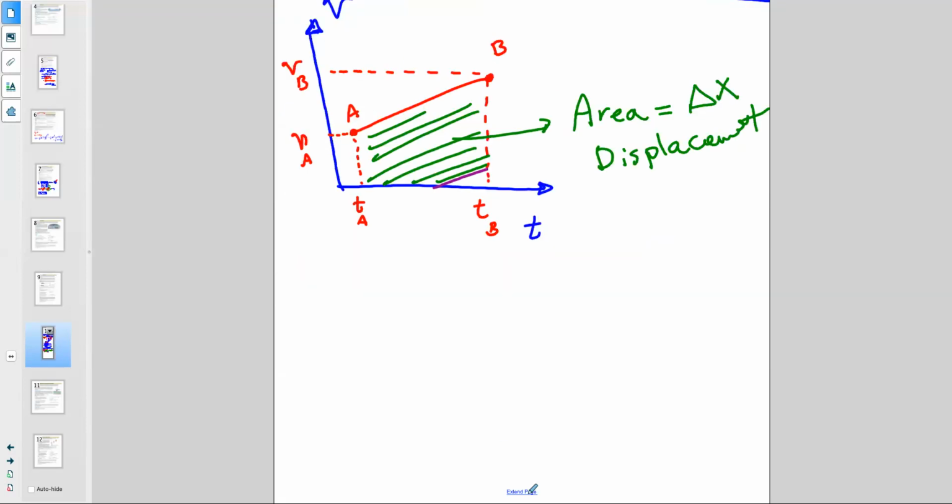Okay? If you had an AT figure, acceleration versus time. Let's say a figure like that.